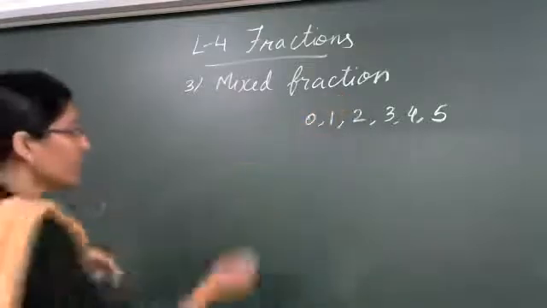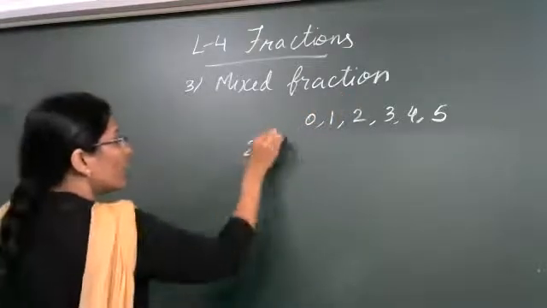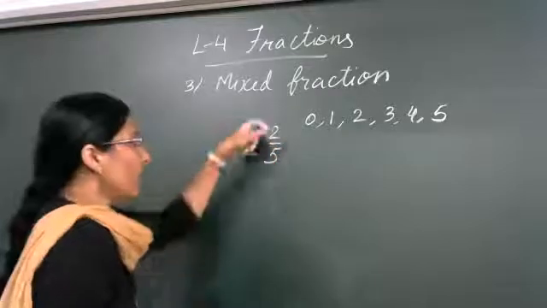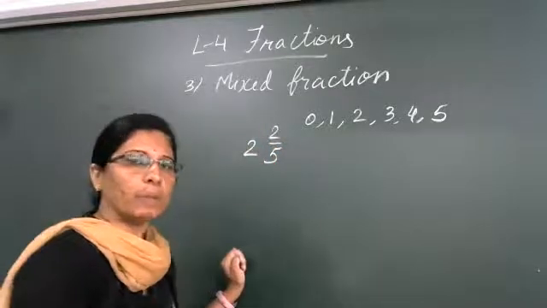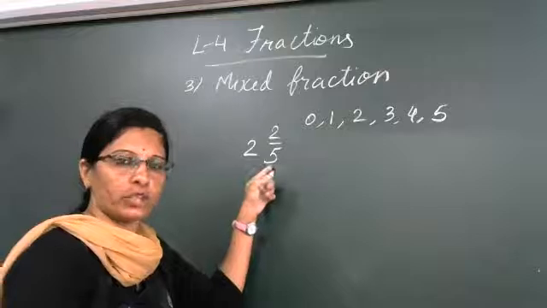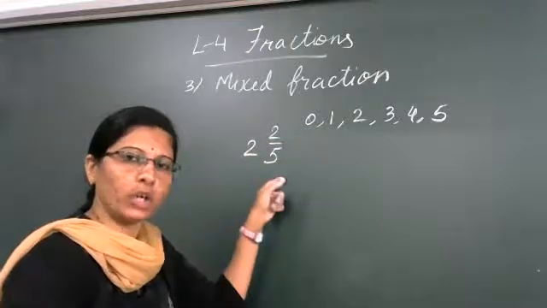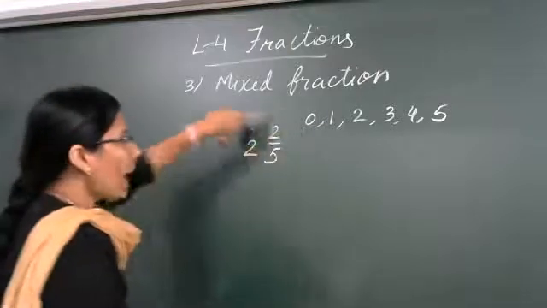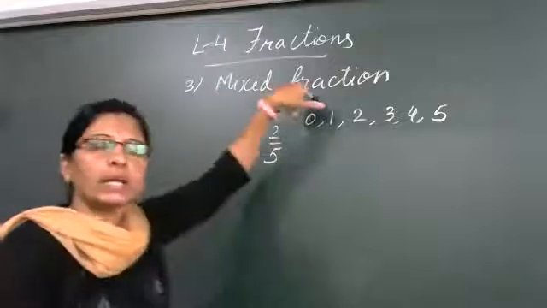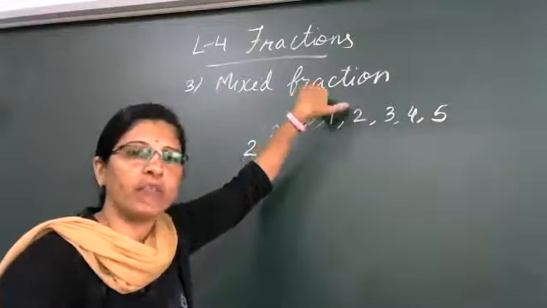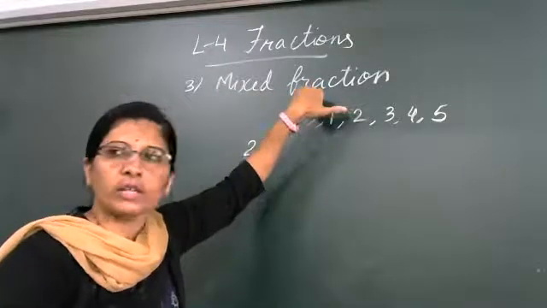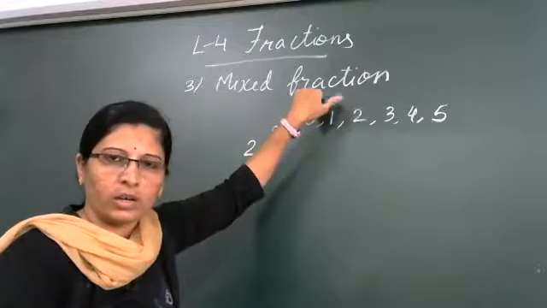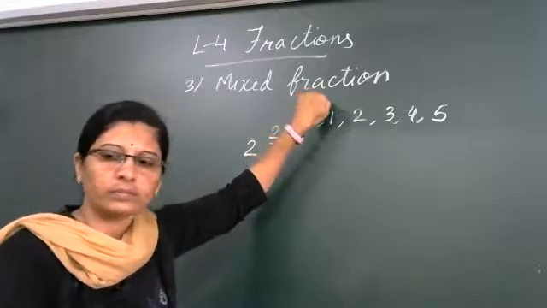Proper fraction means, like 2 by 5, numerator less than the denominator. So the mixture of a whole number and a proper fraction is known as a mixed fraction. Which fraction? Mixed fraction. Understood?